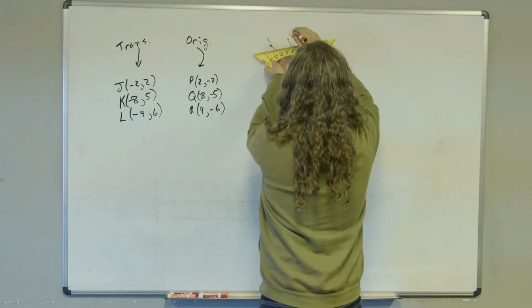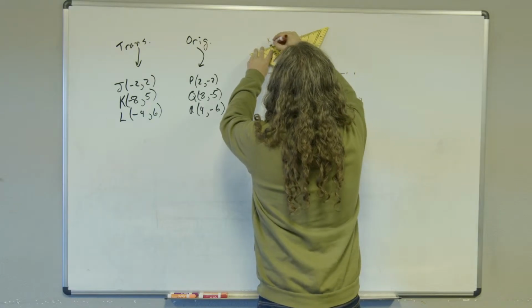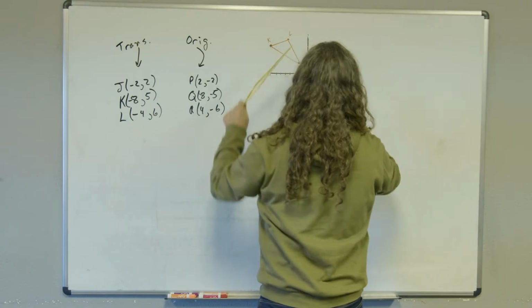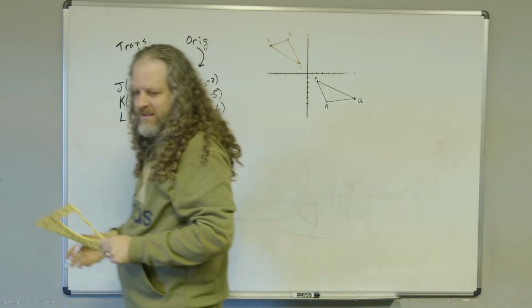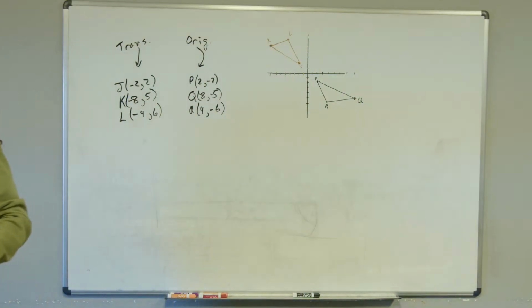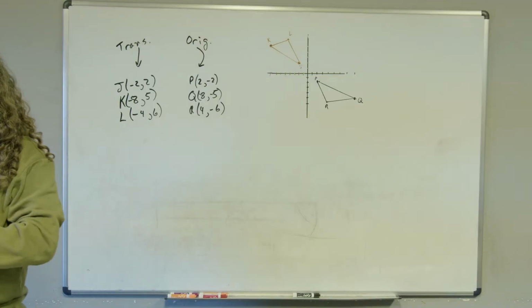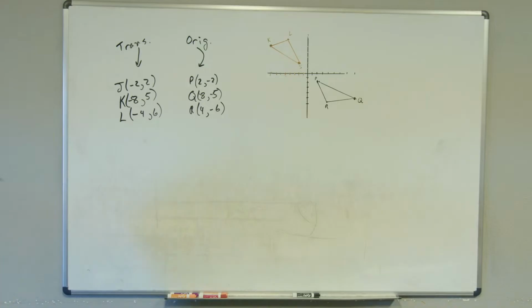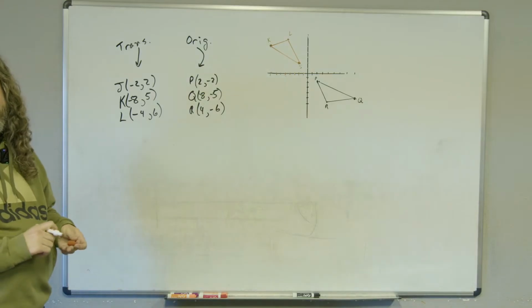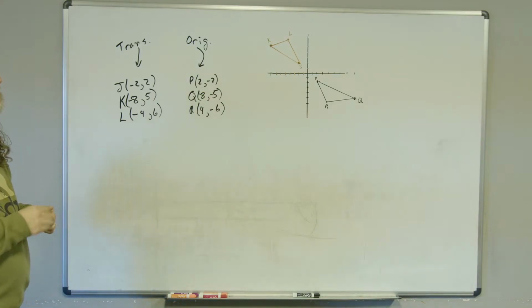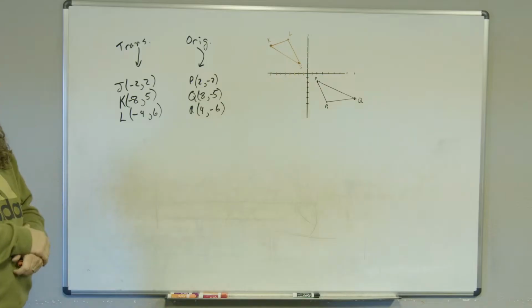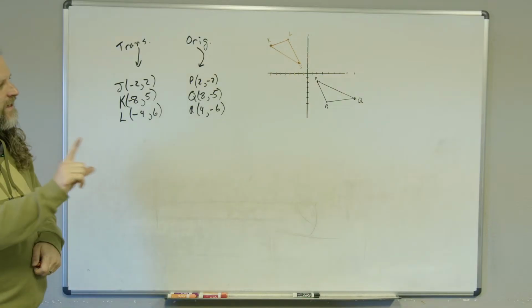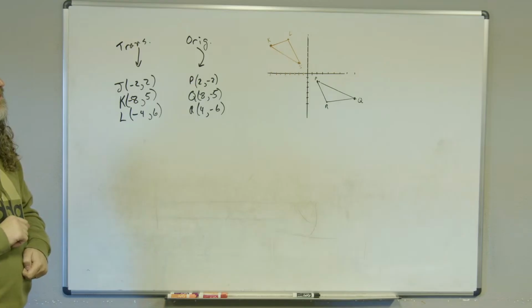So here's our question now. How was it transformed from this to this? What did happen? Is it in the same orientation?